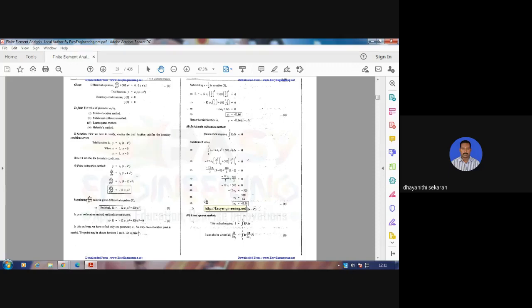Then a1 equal to 500 by 12, which is 41.66.